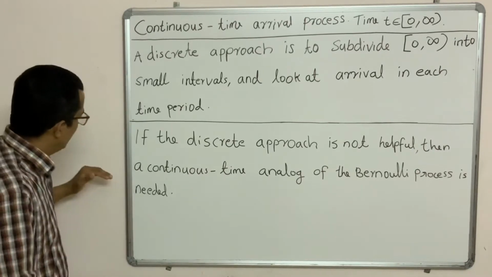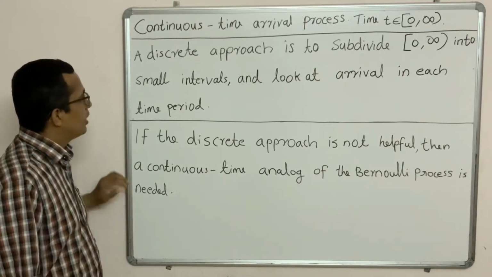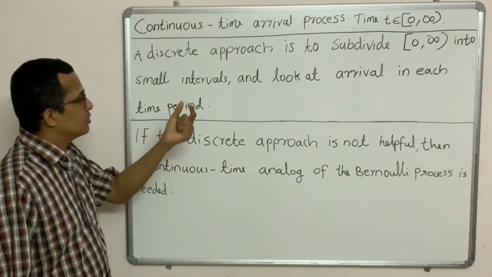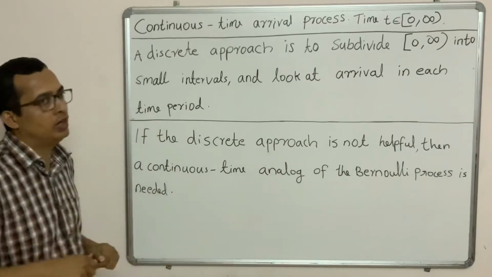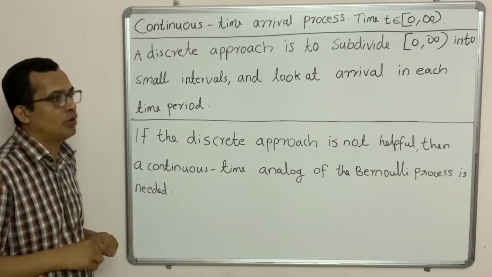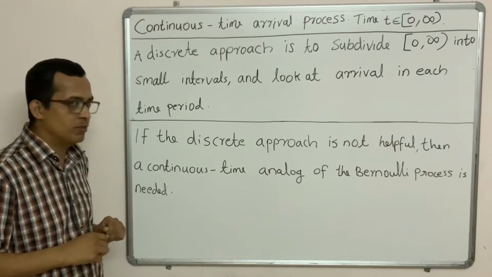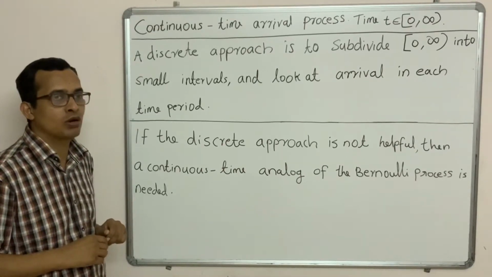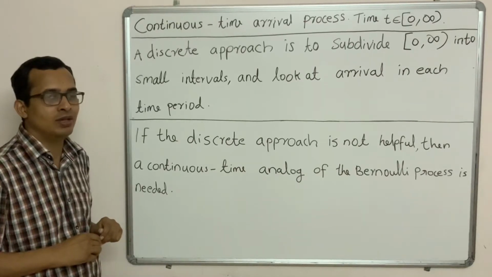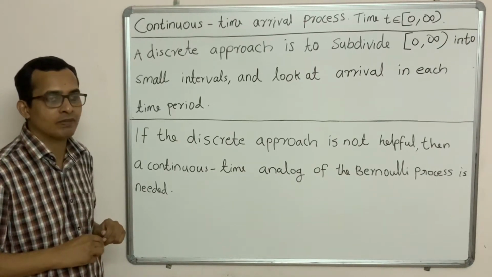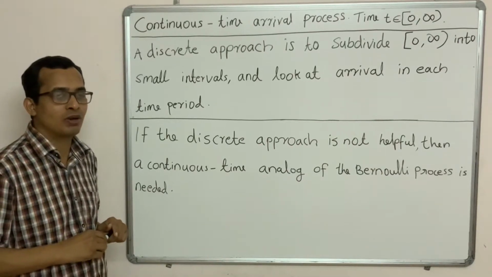Now, there are many problems where finding the correct length of the small time interval is not very feasible. For example, if we have a very bustling city like New York or Mumbai, where a traffic accident can actually happen at any time, you cannot really consider any small time interval.